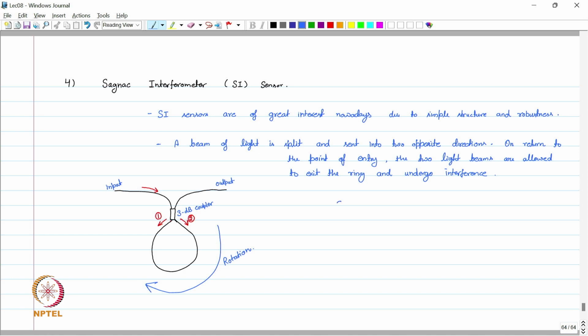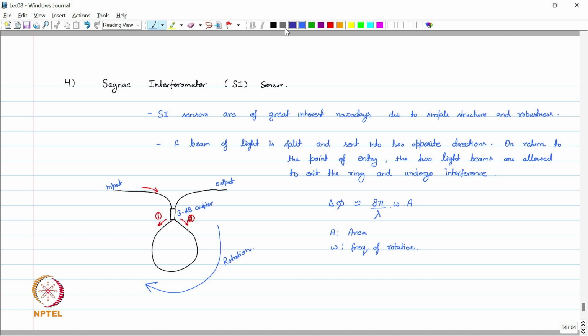And the phase difference delta phi is approximated as 8 pi upon lambda, times omega, times A, where A is the area of this loop and omega is the frequency of rotation.